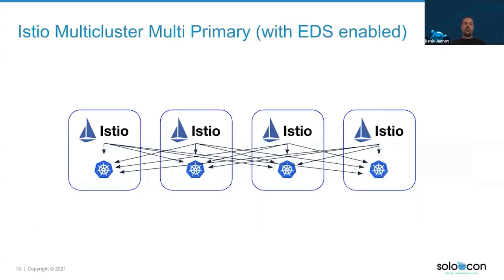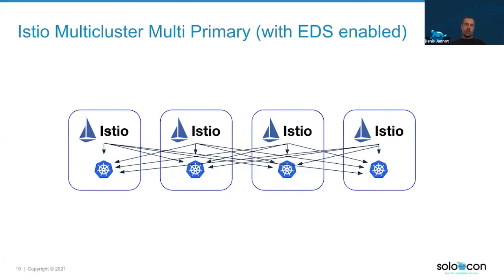So the next step was, now I want to have this multi-cluster communication, right? And the way it works with the multi-primary design in Istio is that you enable something called Endpoint Discovery Service. On each Istio control plane, you need to create one secret corresponding to the kube API server of all the other clusters.